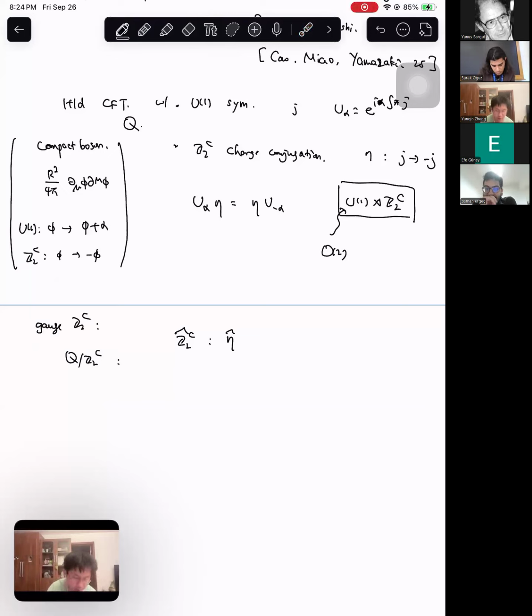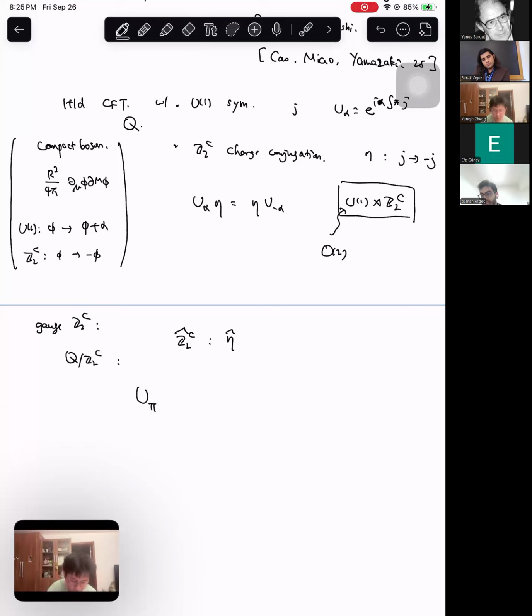For the U1, if we only focus on the symmetry described by a group, we should look for the unitary operators that commute with the Z2 charge conjugation so that they can survive under gauging. From this expression, it's clear that the only such operators are either the identity or U alpha equals pi. This is an order 2 operator, and it generates the Z2 symmetry.